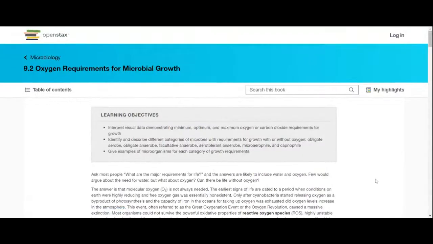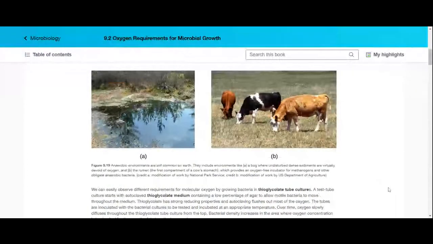So now we're going to get into the oxygen requirements, and this is what we're going to work on in lab next week. We can look at the oxygen requirements for growth by using a particular type of media called thioglycolate, or fluid thioglycolate, and that's what we're going to use.